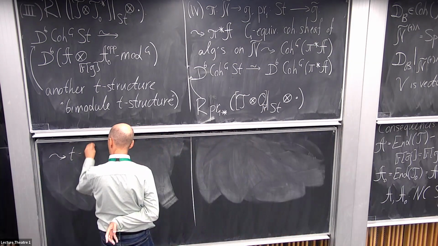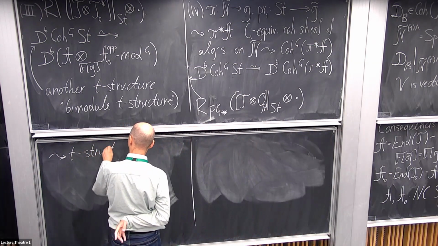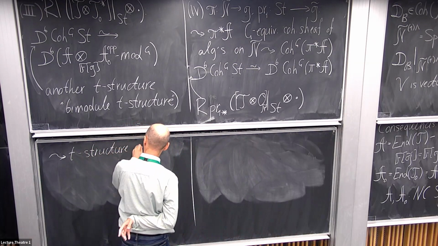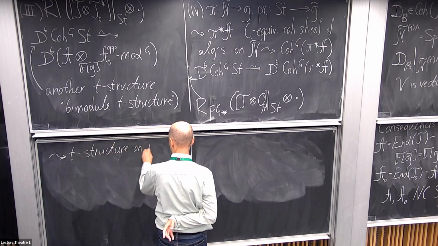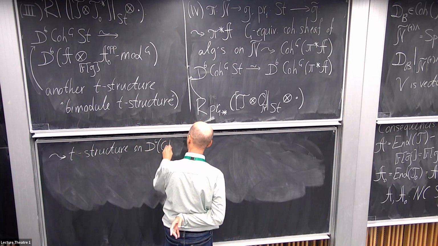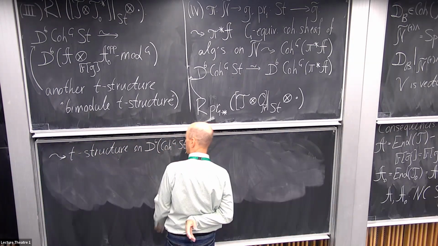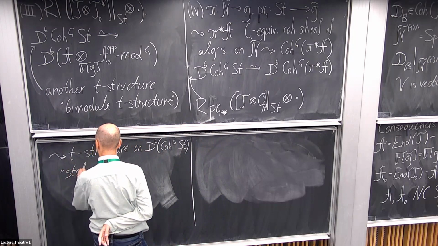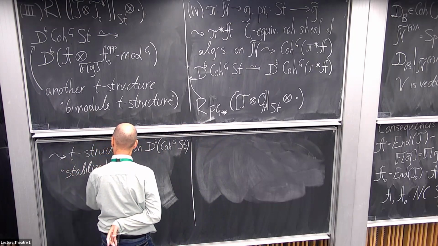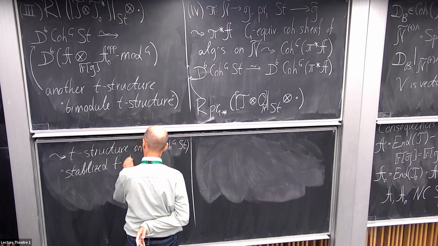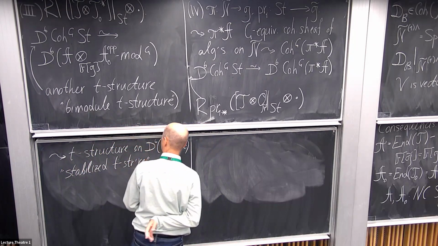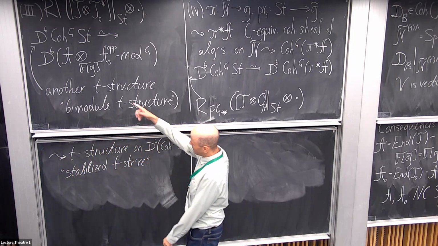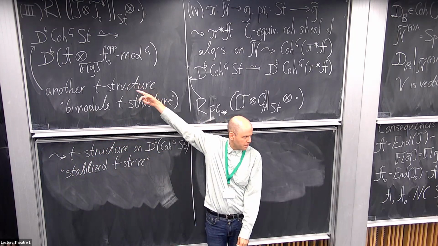So I get a T structure on dB Koch G of Steinberg. And I'm going to call it stabilized T structure. And it's kind of stabilized compared to this, in some sense.